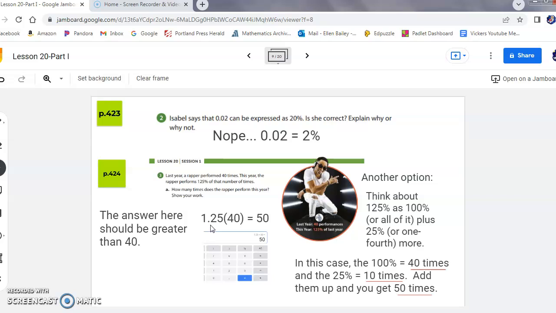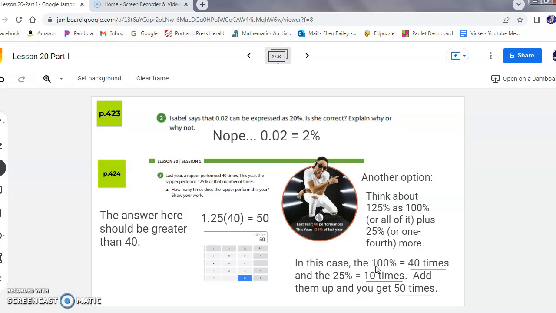So you can see in my calculator, I just figured out 125% of 40 and got 50. It changed the percent to a decimal and multiplied. Now just listen to me as I go through this and see if this makes sense to you. Here's another option. Think about 125% as 100%, or all of it, plus 25% more. And 25% is 1/4 of something.